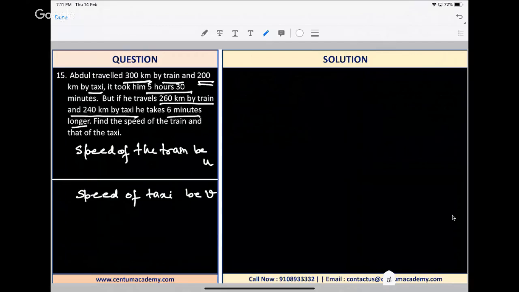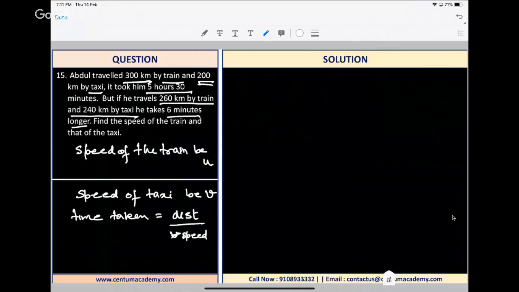Now Abdul traveled 300 kilometers by train and 200 kilometers by taxi. So time taken in case A. Time taken is nothing but, you can write the formula first, if velocity is constant, distance by speed.